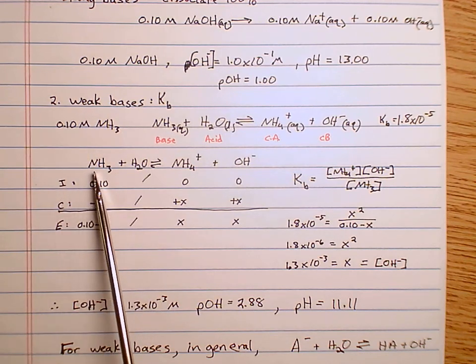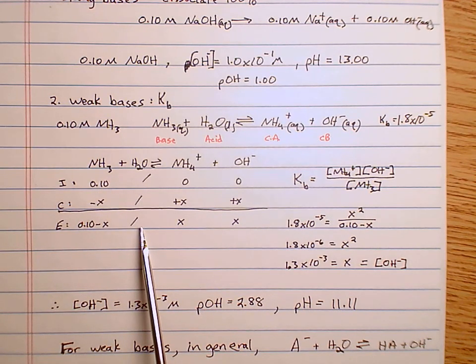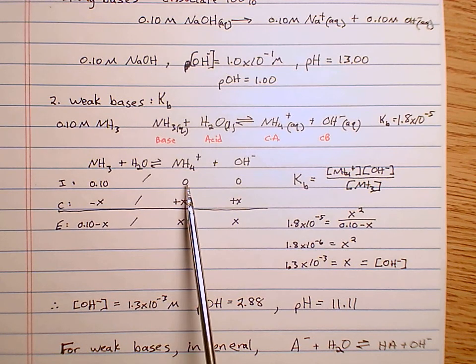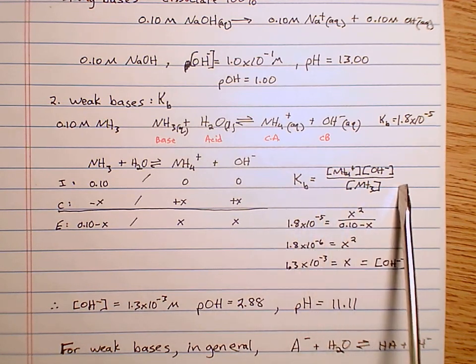Well, ice table, write our equation, ICE. We start with 0.1 molar ammonia. We're not going to worry about the water. It's a liquid, doesn't occur in our expression. No ammonium ion, no hydroxide, minus X, plus X, plus X. 0.1 minus X, X, and X. Here's our Kb equation.